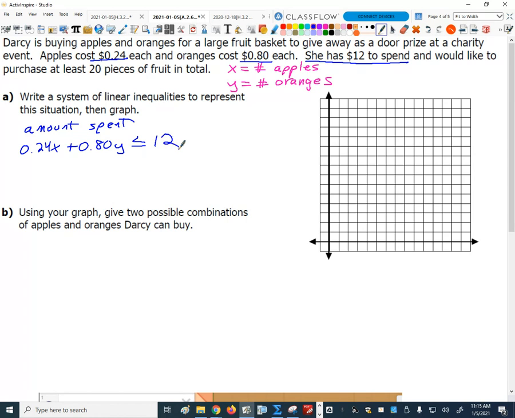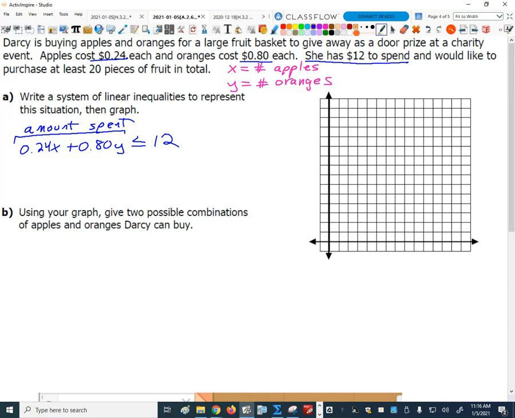Perfect. The cost for each apple times the number of apples tells us the amount she's spending on apples, and the cost per orange times the number of oranges tells us the amount she's spending on oranges. And the total has to be less than or equal to 12.